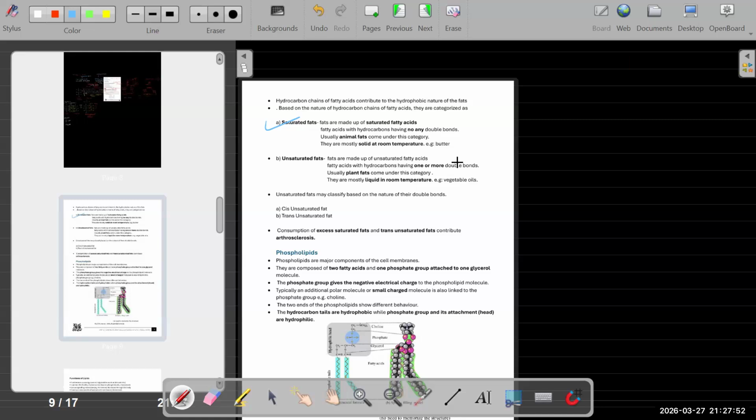Unsaturated fatty acid. So simply, unsaturated fatty acid means it has one or more double bonds, or does it not have any double bond? One or more double bonds. They are normally solid or liquid at room temperature? Liquid. That's it.